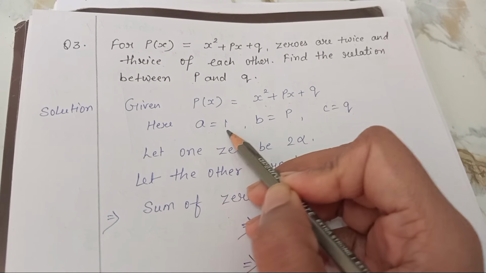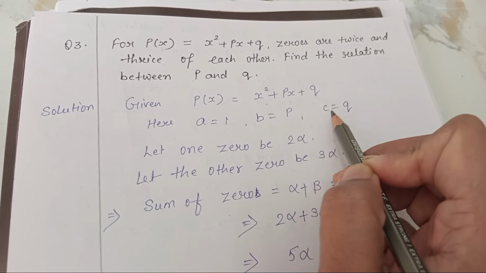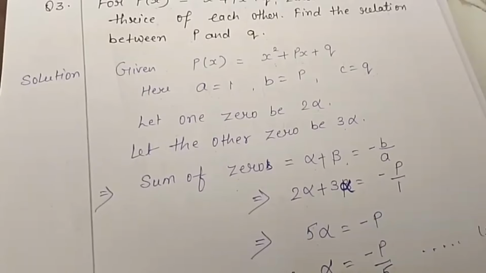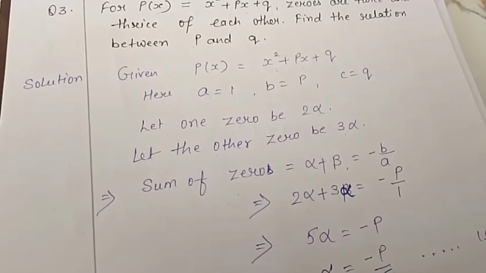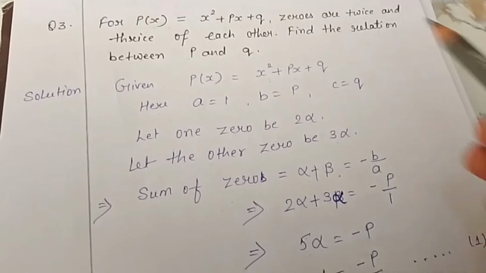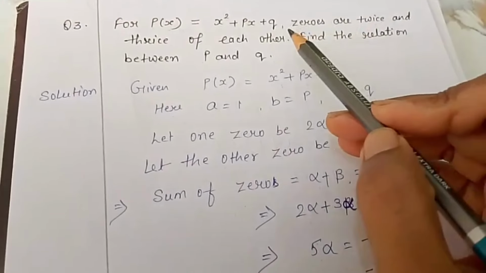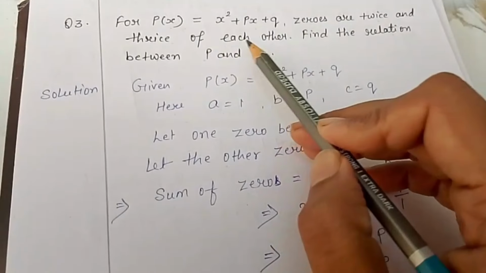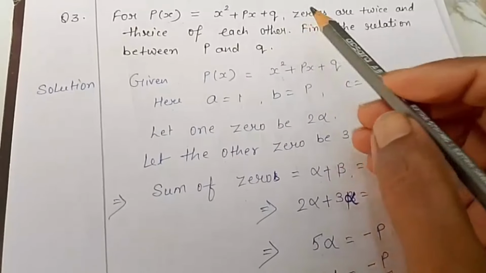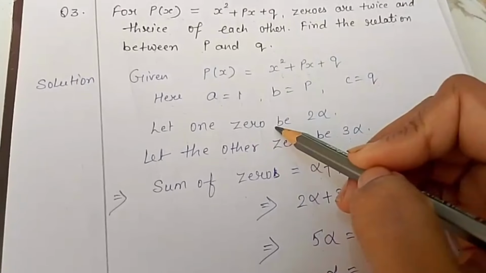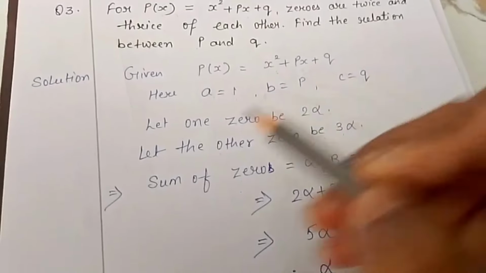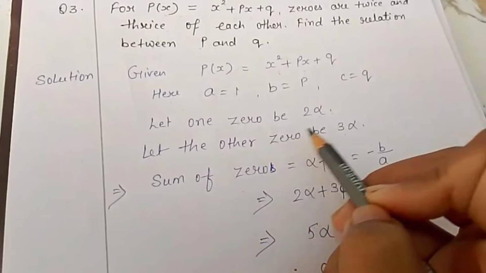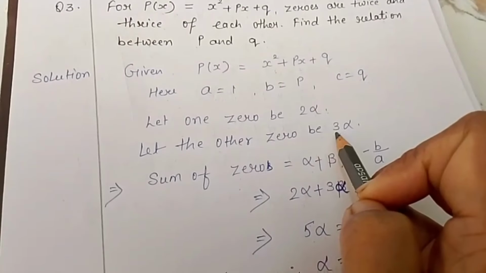Here a = 1, b = p and c = q. Given zeros, the wording twice and thrice of each other is a bit unusual. Let one zero be 2 alpha. Let the other zero be 3 alpha.